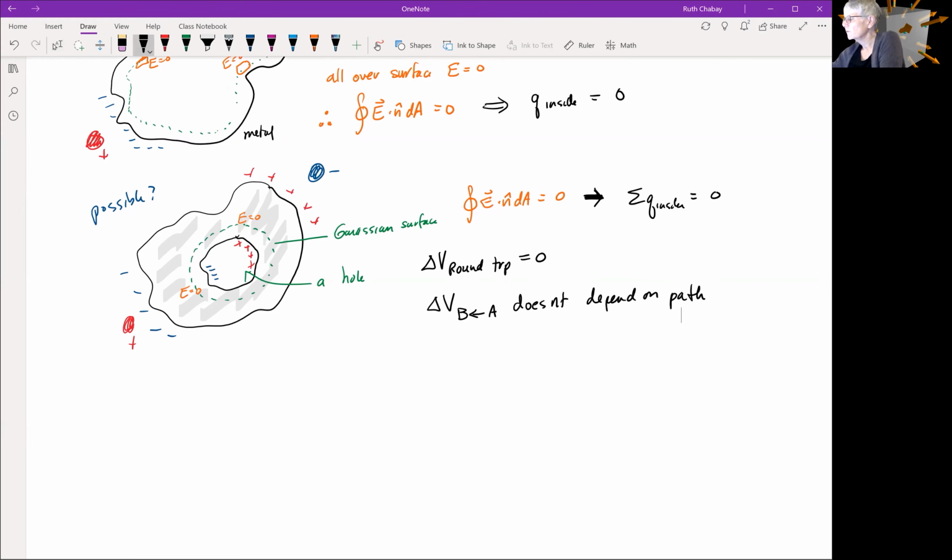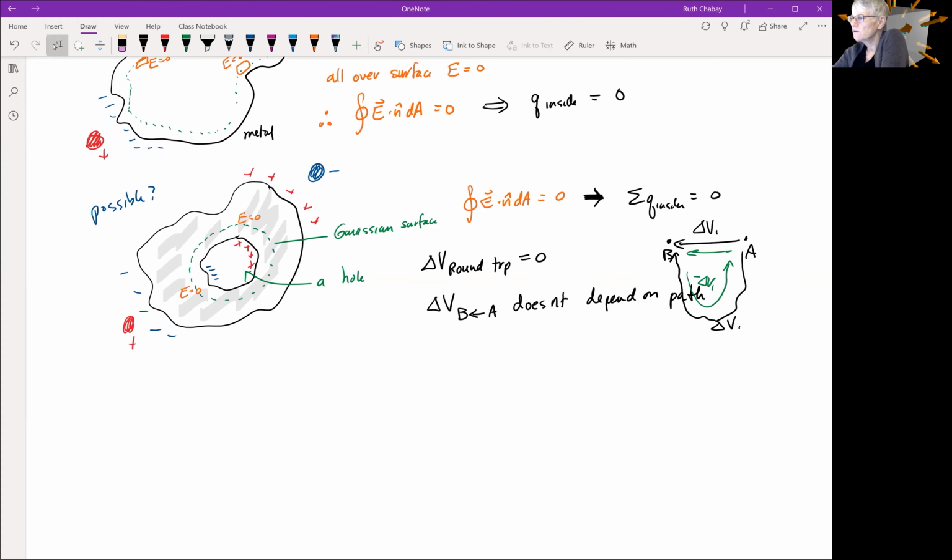Since if we have two locations, A and B, we go this way, we get delta V1. If we take this path, we better also get delta V1, because if we take a round trip going this way, and then back around that way, that had better be a minus delta V1, and they better add up to 0.